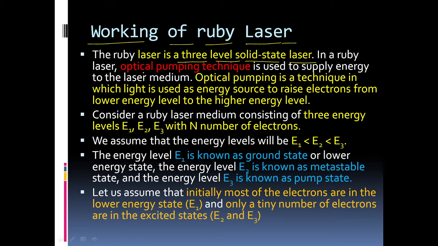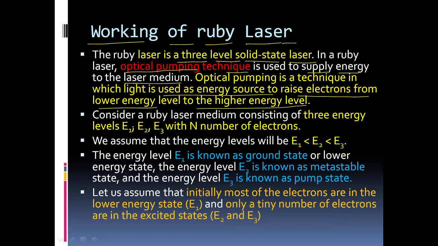In a Ruby Laser, the optical pumping technique is used to supply energy to the laser medium. In optical pumping, light is used as an energy source to raise the electrons from the lower energy level to a higher energy level.